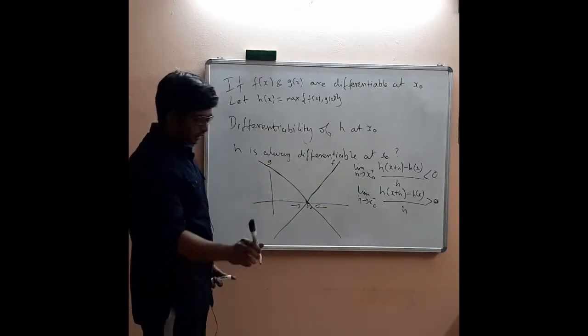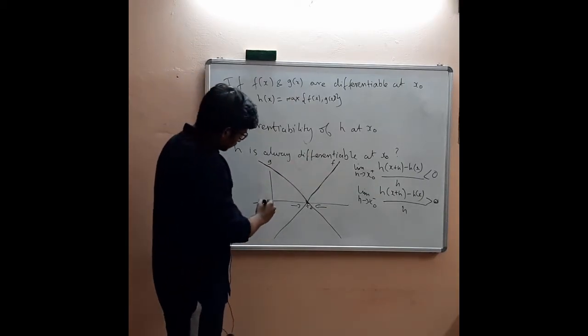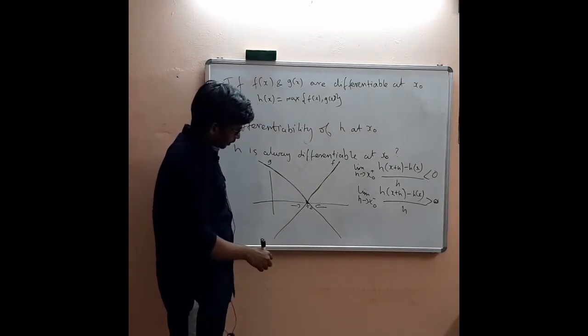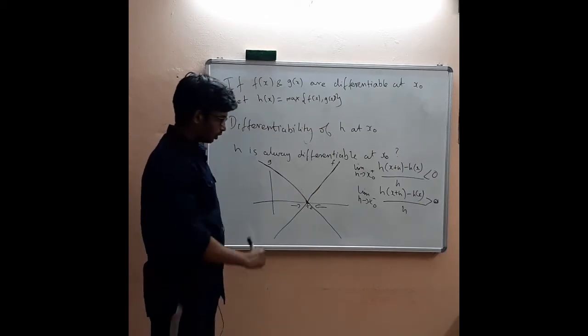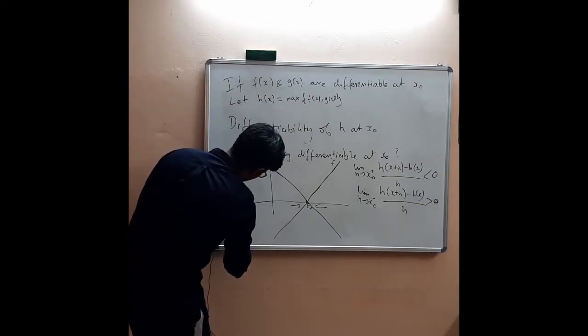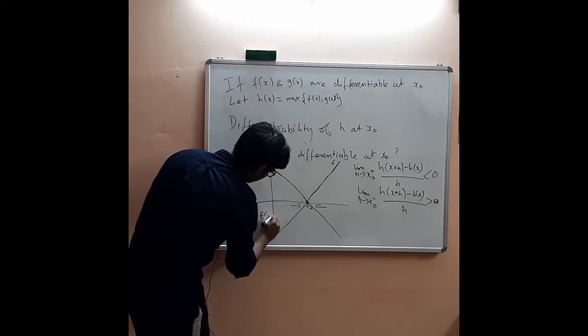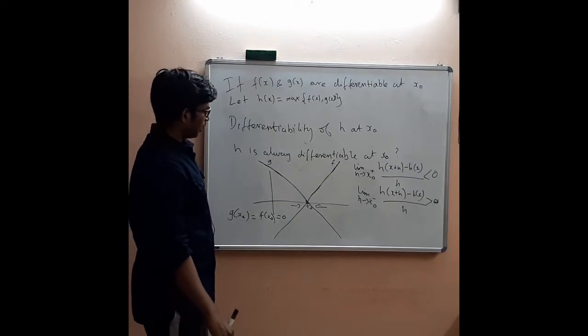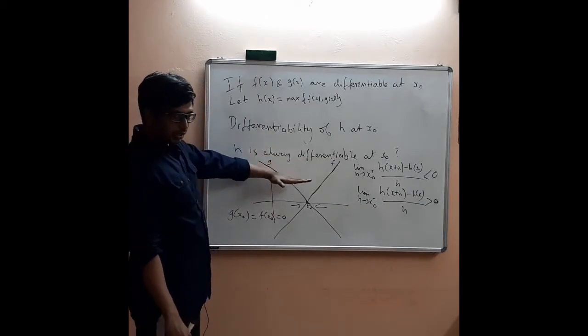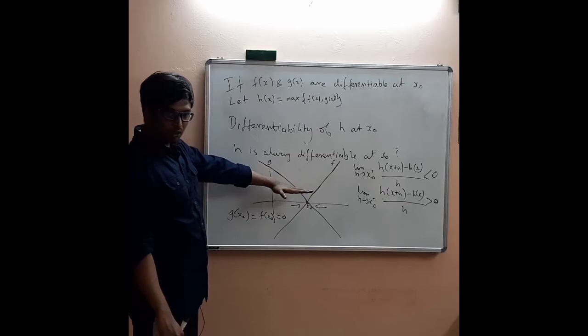So what is the thing that we observe? If this is the x-axis and this is the y-axis, the values of g and f are actually equal and they are 0. Here we have g of x naught is equal to f of x naught is equal to 0. It doesn't matter. We can shift these two lines anywhere we want.